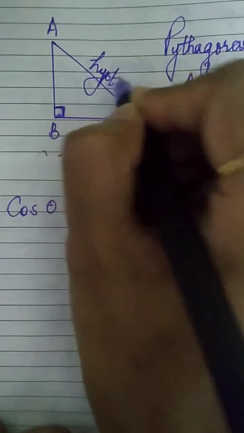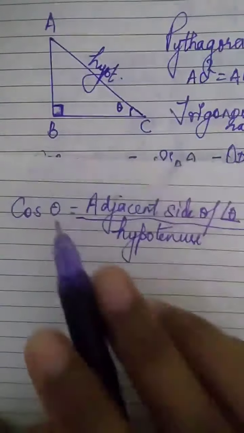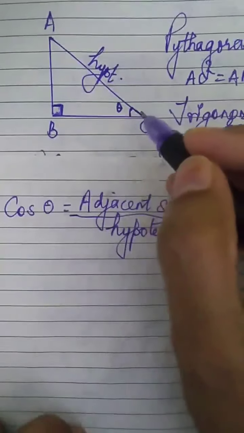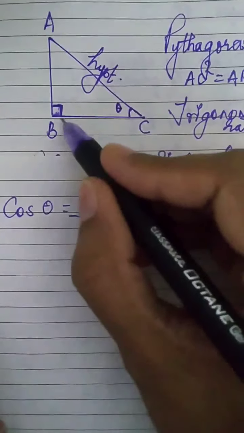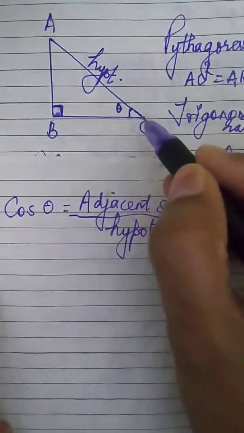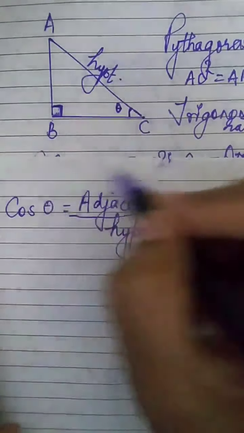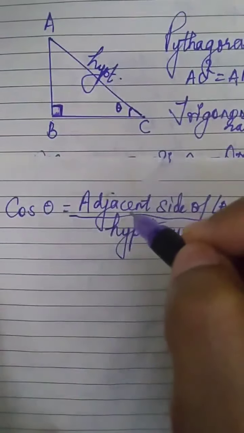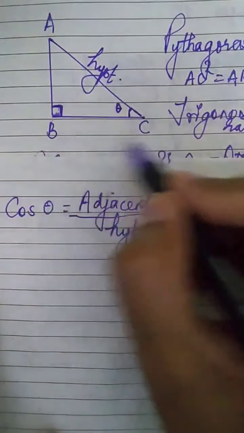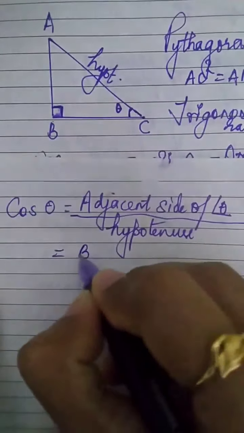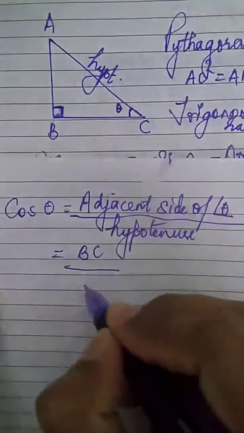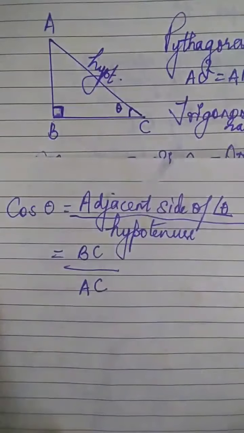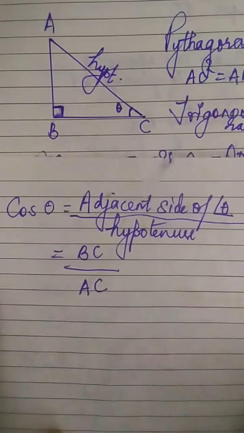So you will not consider hypotenuse as adjacent side. So which is the adjacent side remaining for theta? It is nothing but BC. So remember, hypotenuse you will never consider as adjacent side. Which is the adjacent side of theta? BC. So it is BC upon hypotenuse, which is AC. Hypotenuse is the same. Understood?